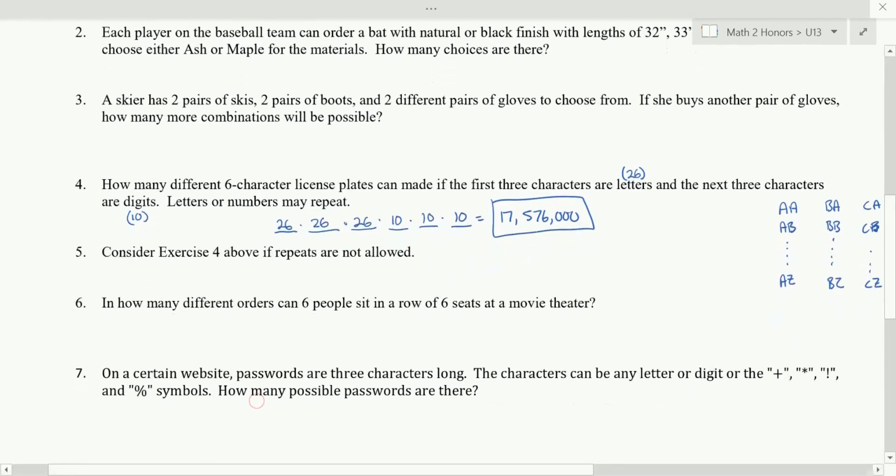I want you to try number 6. That's the next one we're going to do together, but I want you to try it ahead of me. Lots of you have been frequenting the movie theater, watching the new Endgame movie, right? And I have not seen it yet either, but in how many different orders can 6 people sit in a row of 6 seats at the movie theater?